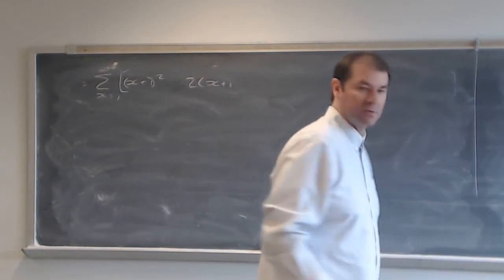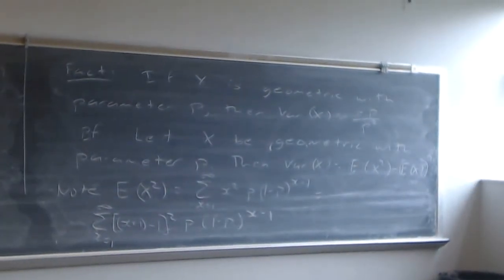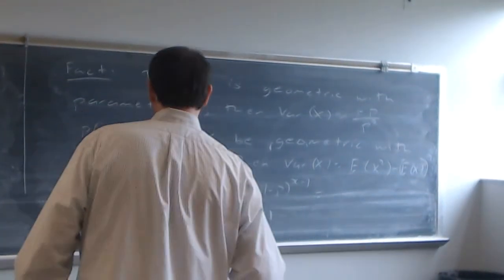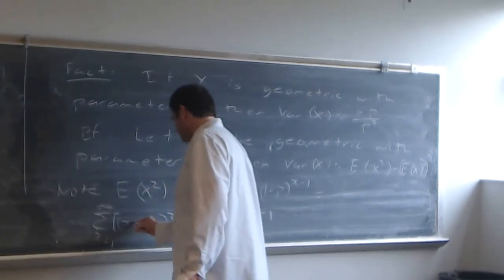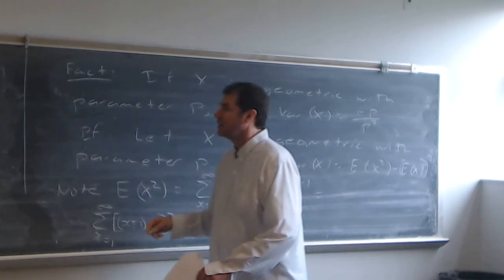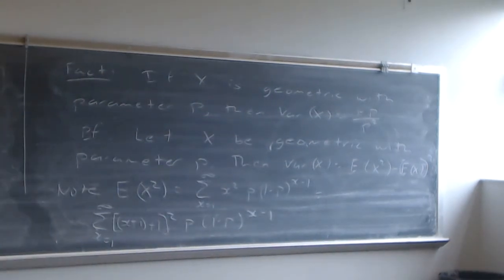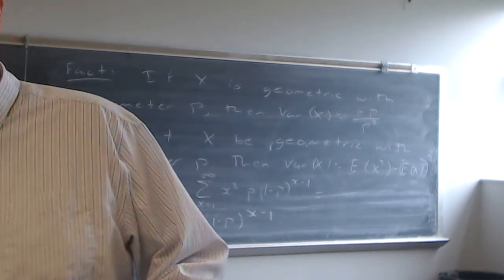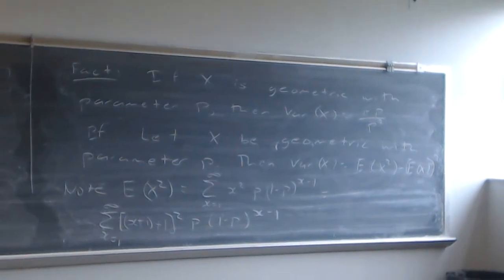You know what? I didn't write it the way I wanted to. I wasn't paying enough attention. Let's go back and make the correction. Instead of writing it this way, let's write it as x minus 1 plus 1. So x minus 1 plus 1 is still x, squared. That's going to change this up here. Make that change.